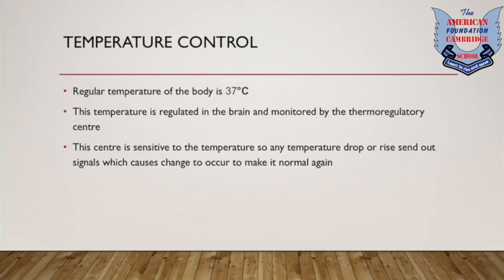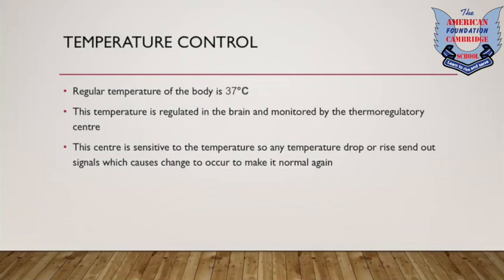If there's a drop, like the temperature goes down from 37, could be 35, 32, 20 something, or if there's a rise in temperature, we're not talking about the body, we're talking about the environment. If there's a rise in temperature like 40 or 60 degrees C in the environment, then the body would get to know about it, because the skin has sensory neurons all around it.